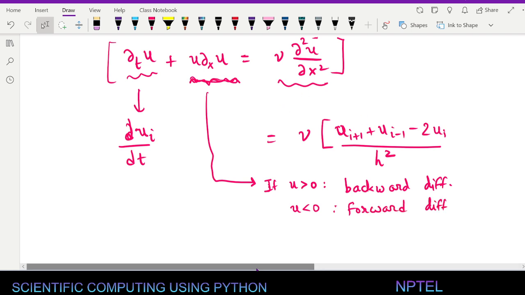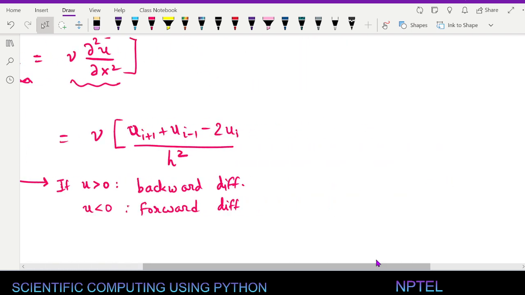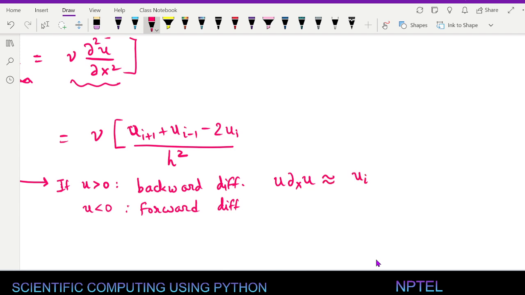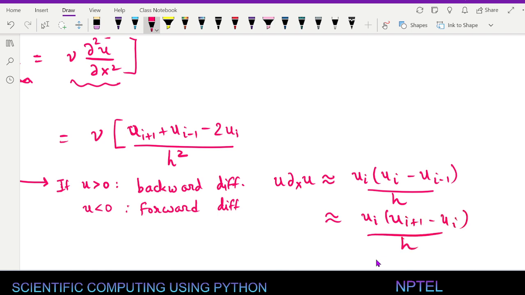So in fact, let me just write this. So u del x u is approximated as u i times u i minus u i minus 1 divided by h. And in this case, it will be u i times u i plus 1 minus u i divided by h.